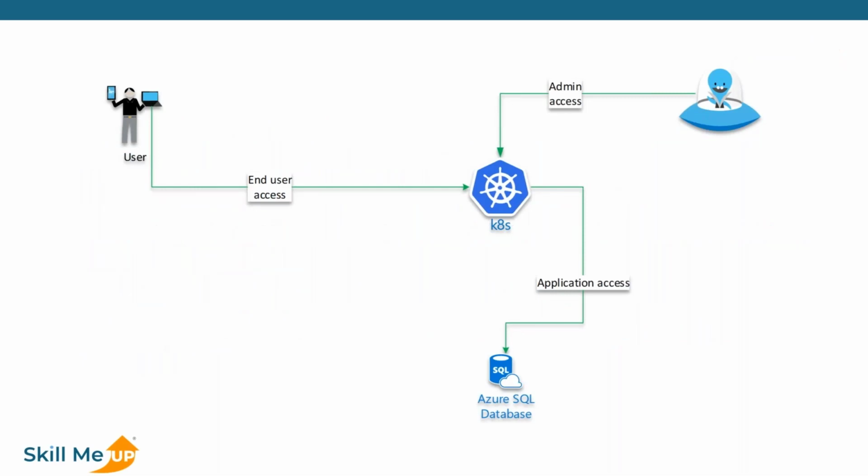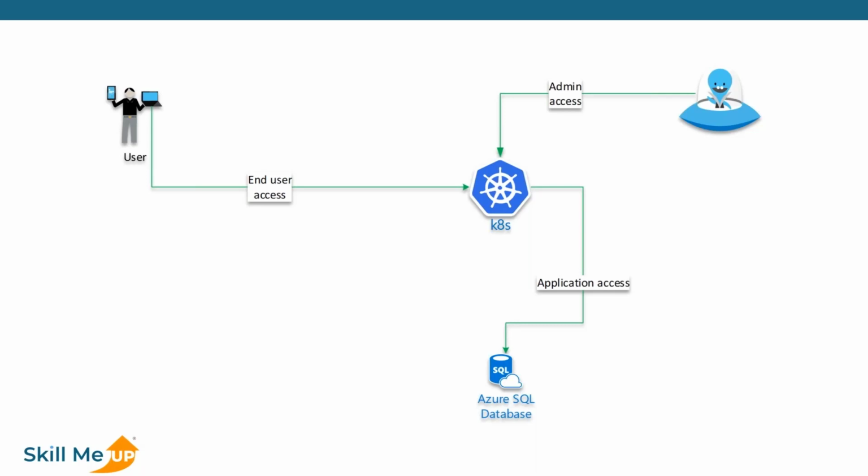So here's a brief overview of different considerations we have in terms of network and access control for a web application that will be hosted in Azure Kubernetes Service. First of all, we need to protect the end user access somehow.